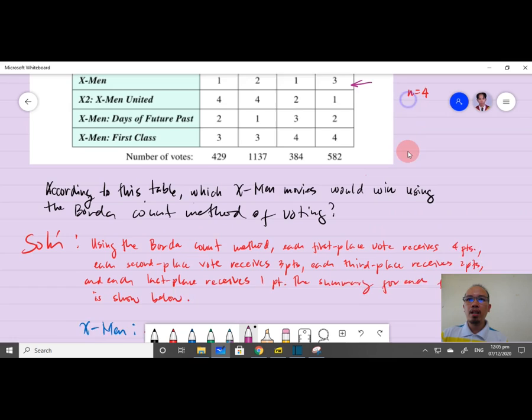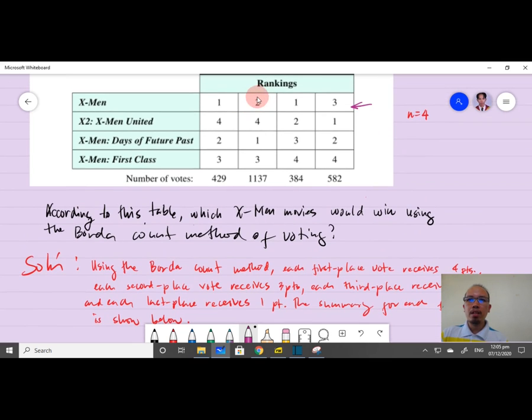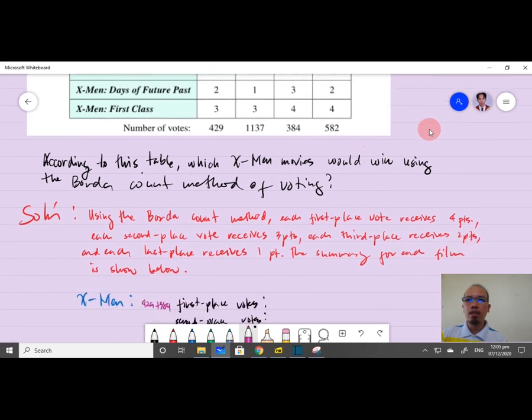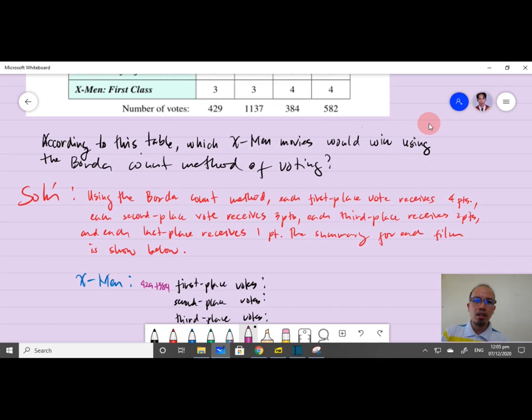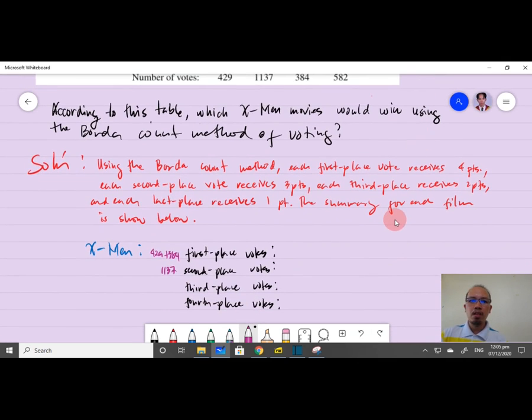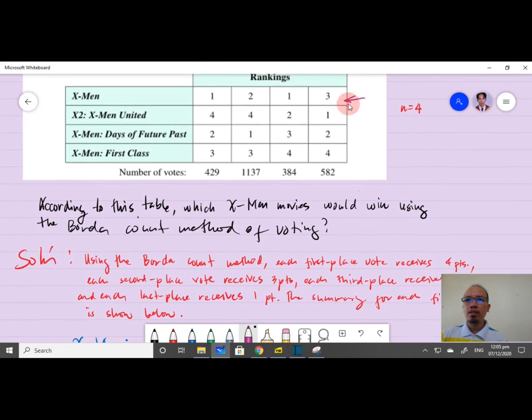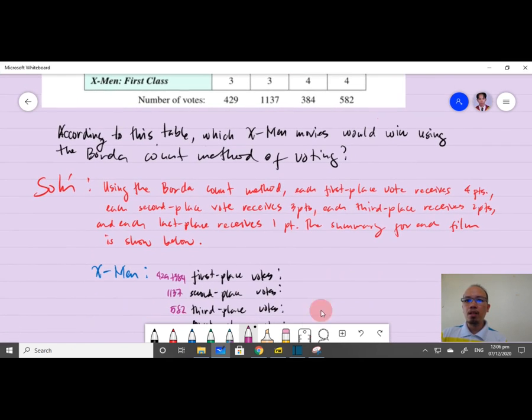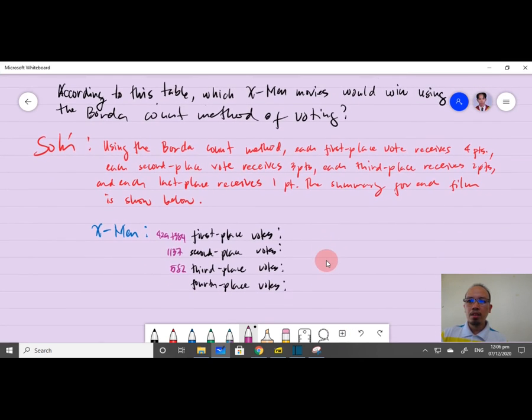For the second place, we have 1137. For the third place, we have also one here, we have 582. And there's no fourth place, no rank number 4, so this is 0.